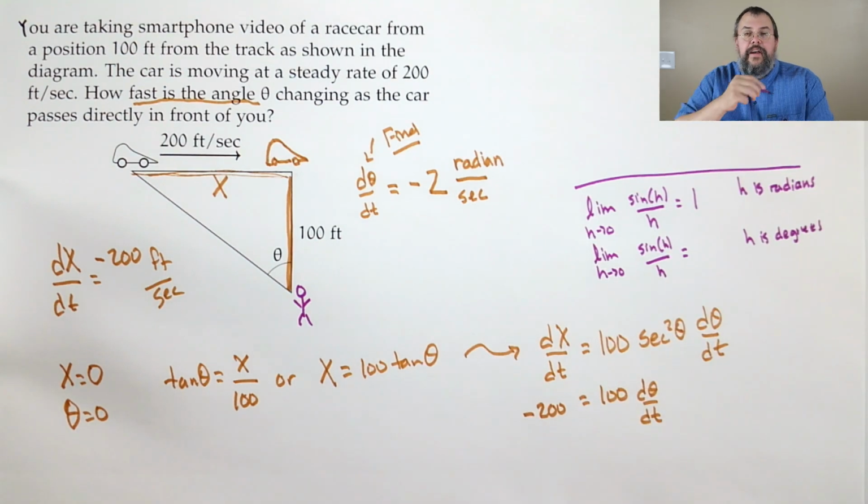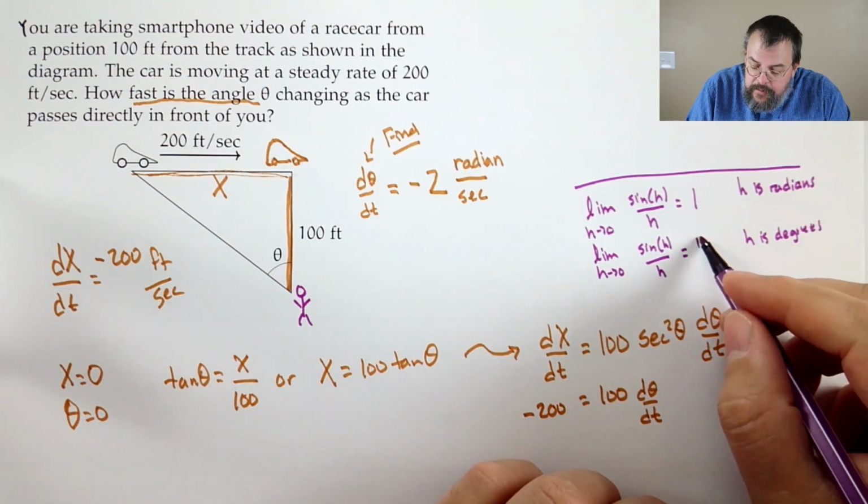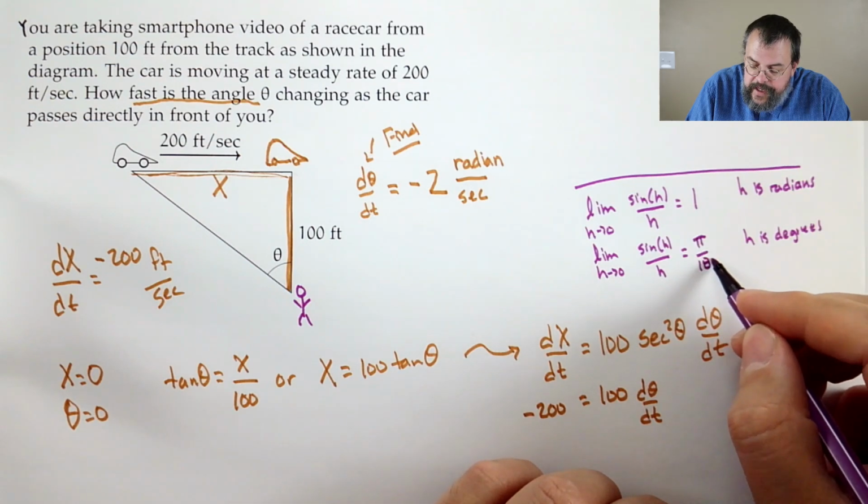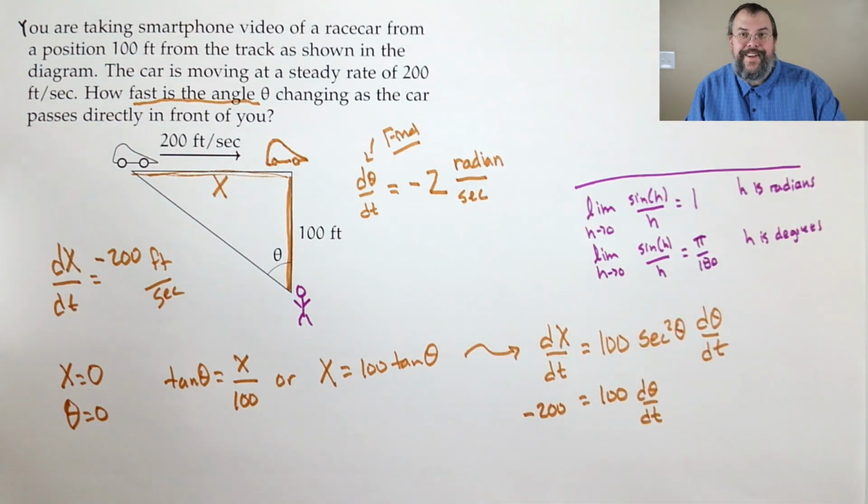Sorry, I have to take a second here to think about this. So if I have degrees, this would go to pi over 180. Okay. Now, or it would go to 180 over pi. I can't remember. It's one of those two.